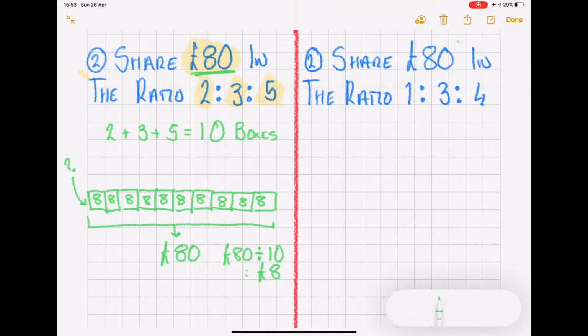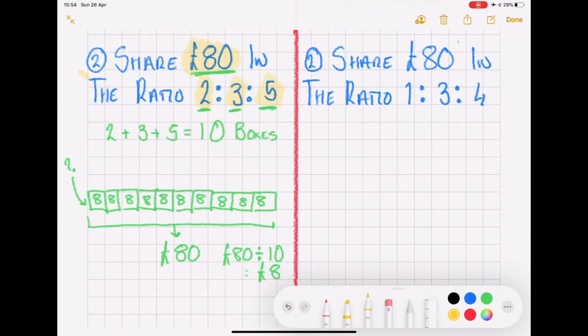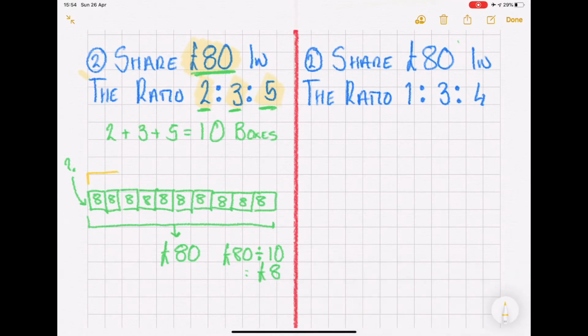Okay, next step is we want to share it in the ratio 2 to 3 to 5. So that's 2 boxes to 3 boxes to 5 boxes. So let's see how much these 2 boxes are worth. That's £8 plus £8 is £16.